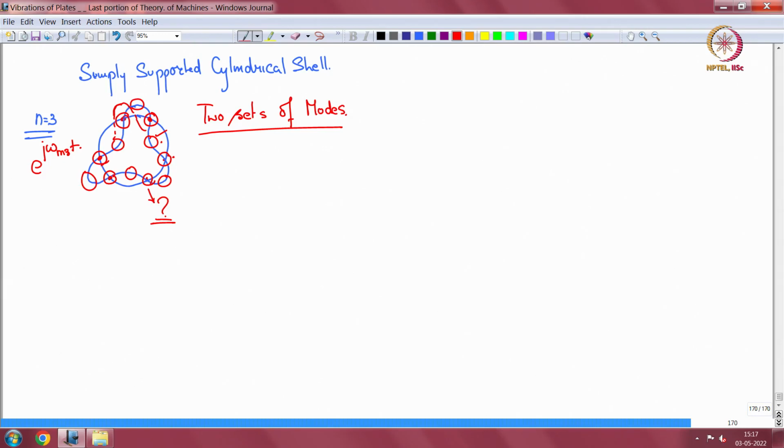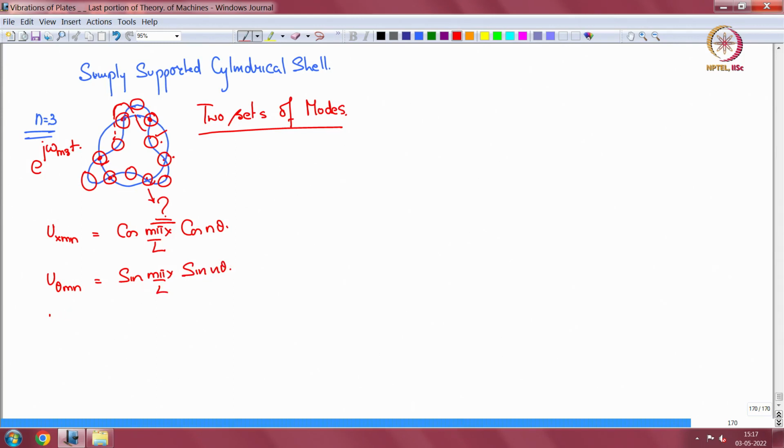Okay. So, for the simply supported cylindrical shell, U x mn, one set is cos m pi x by L cos n theta, U theta mn is sin m pi x by L sin n theta.